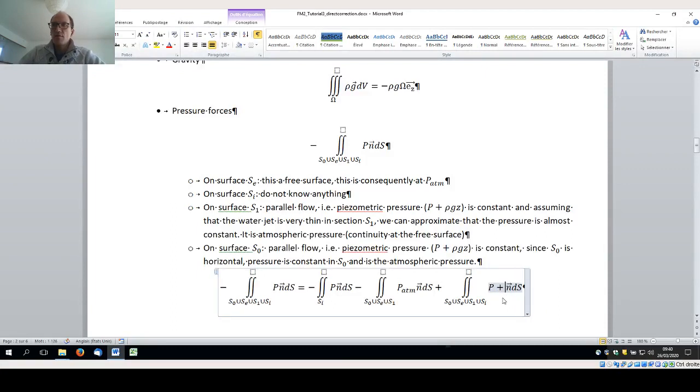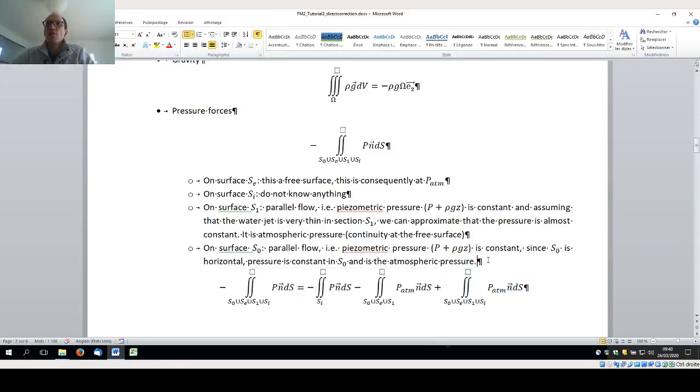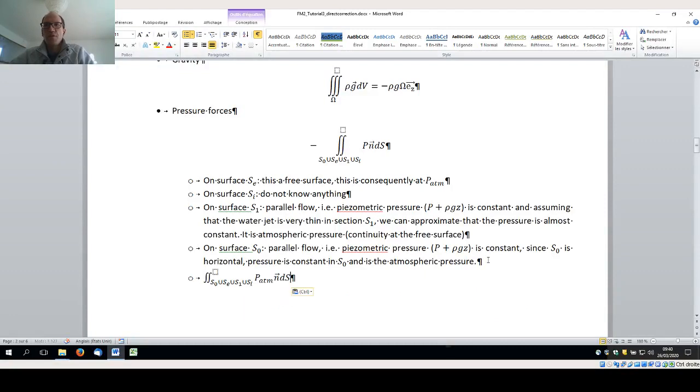So we can add this term, and the integral of a constant value over a closed surface is equal to 0.